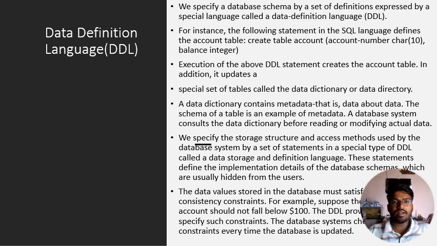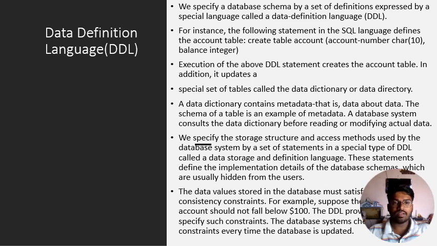We specify a database schema by a set of definitions expressed by a special language called data definition language. For instance, the following statement in the SQL language defines the account table. Execution of the above DDL statement creates the account table.